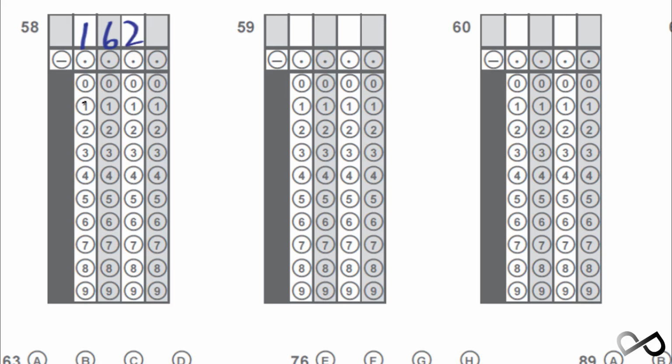Then you're going to grid in the corresponding numbers. Make sure that you bubble in better than I'm bubbling in right now. Make sure you do it clearly and you fill in the entire circle, stay within the circle, and that's how you do it. Number 59, the answer was 99.